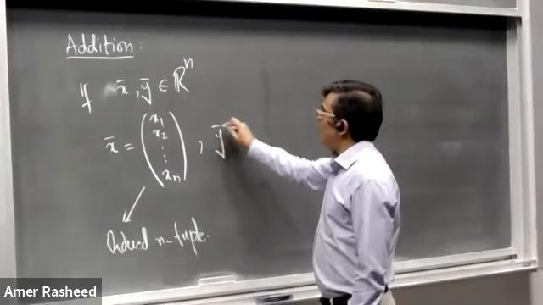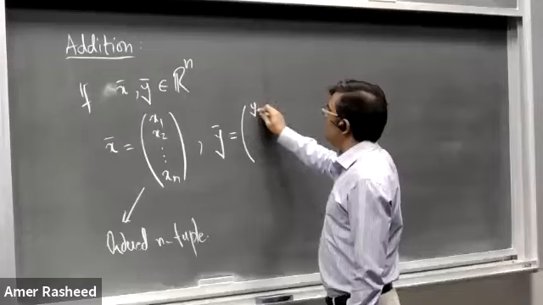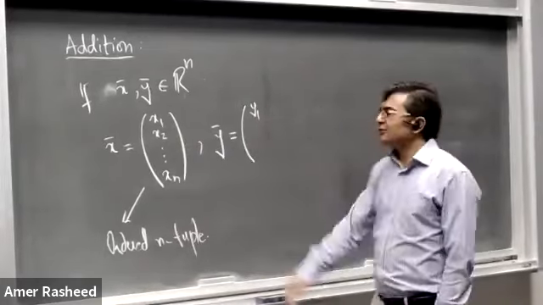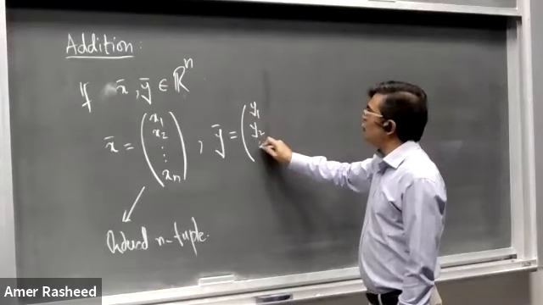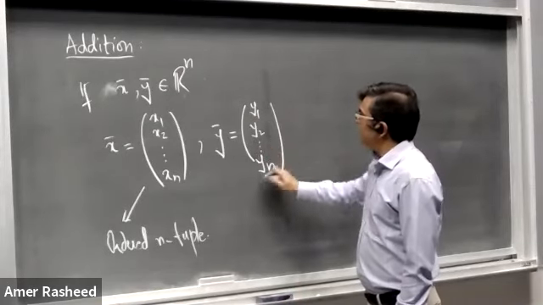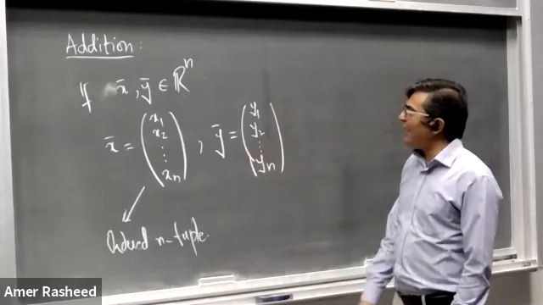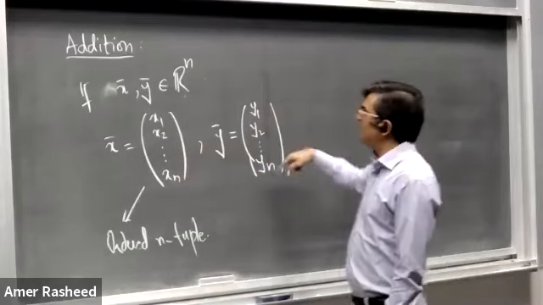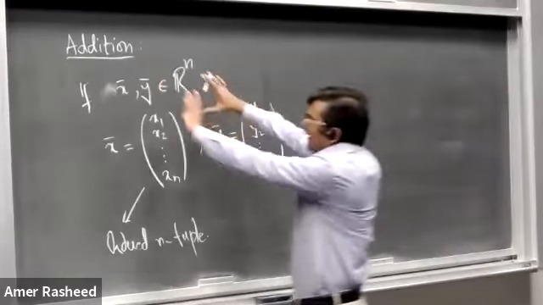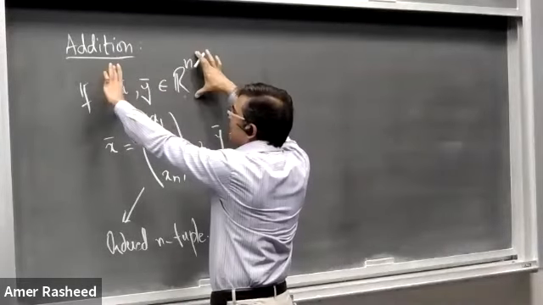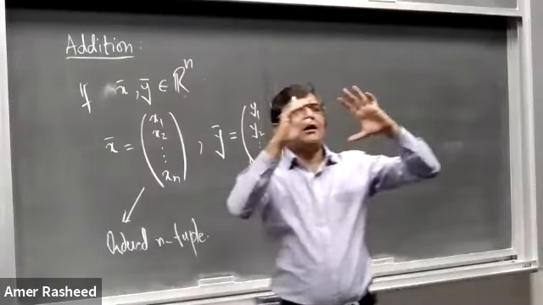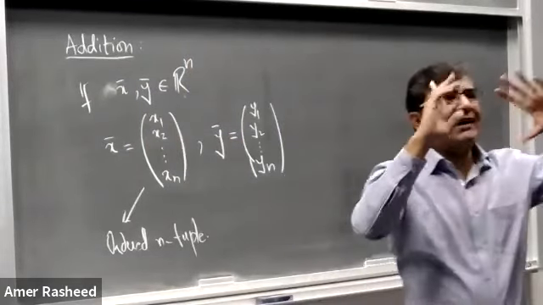Similarly, we can write y, with a notation different from x: y1, y2, and so on, yn. This is a vector y which belongs to Rn, and it has n components. Whenever I say this, you should immediately imagine two vectors which have n components.